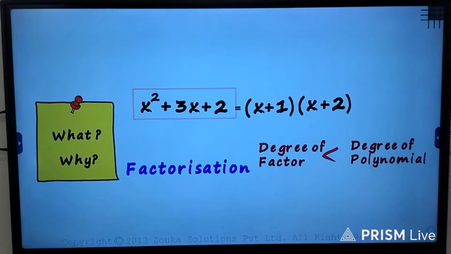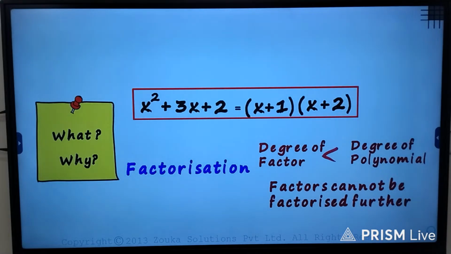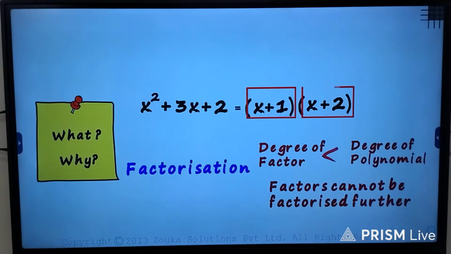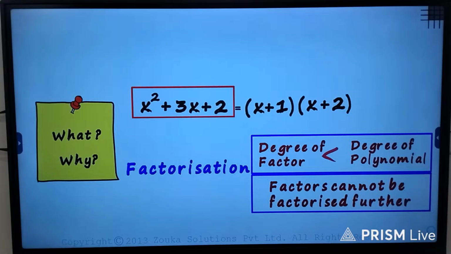The second thing we need to know is that any of the factors cannot be factorized further. In this case, the factors x plus 1 and x plus 2 are in the simplest form and cannot be factorized further. If these two conditions are satisfied, we can say that the polynomial is factorized completely.